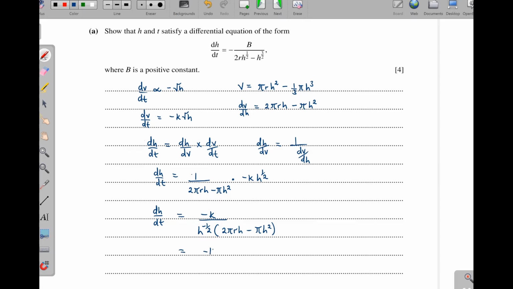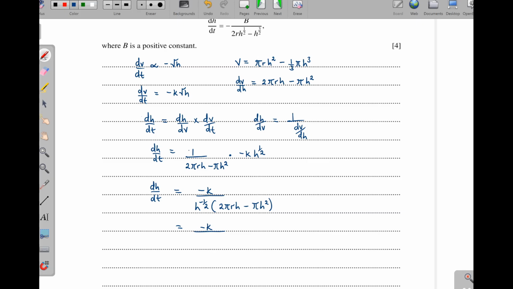Then we continue. Now we multiply h all through. So we are going to have 2 pi r, then h power negative a half, times h power 1, then minus pi, then h squared, times h power negative a half.